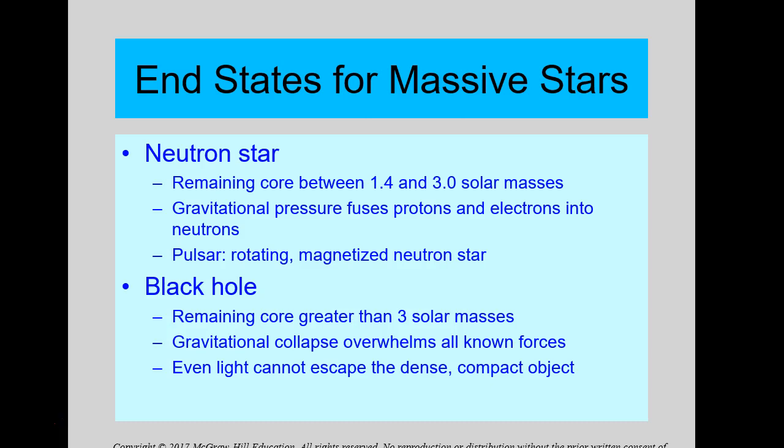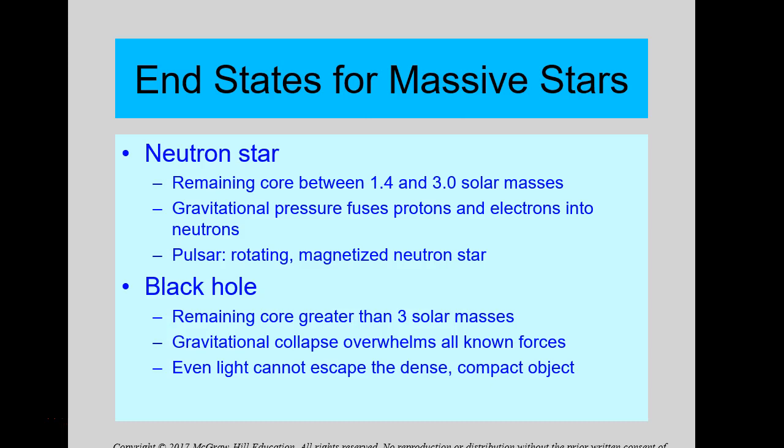Okay, so if you want to launch a rocket from the surface of the Earth into space, then you need to be going at least 11.2 kilometers per second, and that will get you out of the pull of Earth's gravity. For a black hole, you'd have to be going greater than 3 times 10 to the 8th meters per second, or 3 times 10 to the 5th kilometers per second.